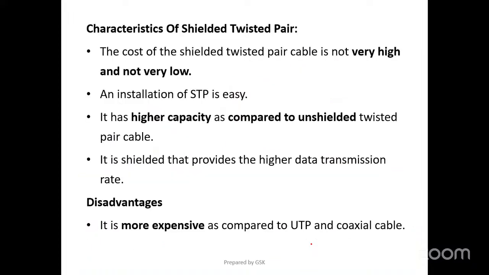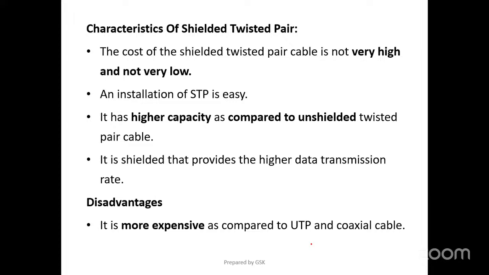Let me tell you some characteristics of shielded twisted pair cables. The cost is not very high and not very low, it has a moderate cost. The installation is easy and it has higher capacity compared to the unshielded twisted pair cable.